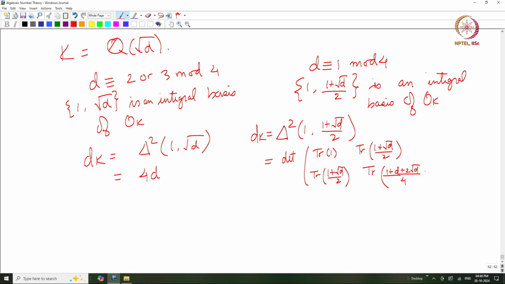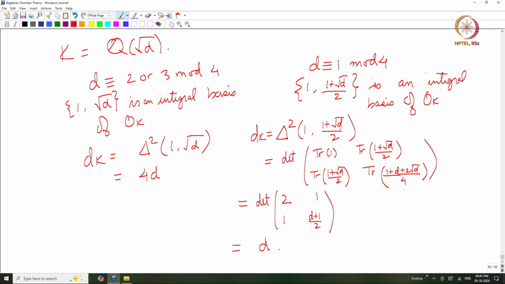Okay. So, if we compute this, this is determinant of 2, and what is this? This is 1, and the trace of this is also 1, and what is the trace of this? Well, the trace of this part goes away, and the trace of this is d plus 1 by 2, right, which is equal to d plus 1 minus 1, which is d.